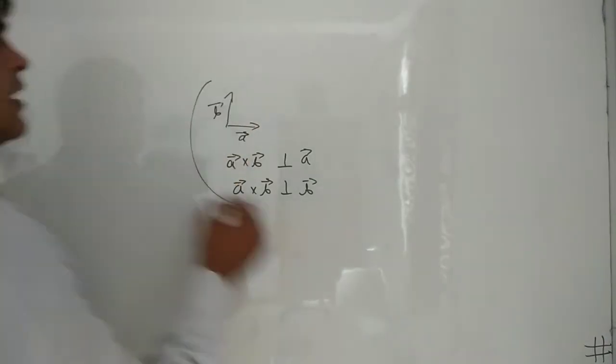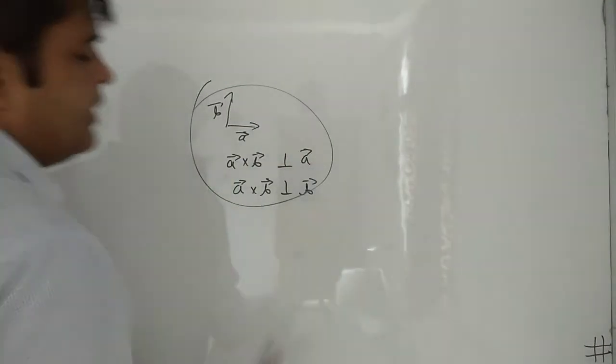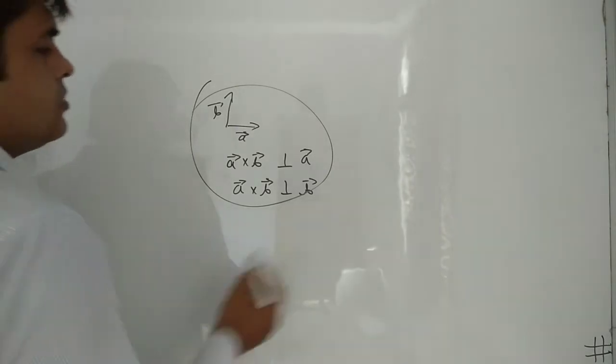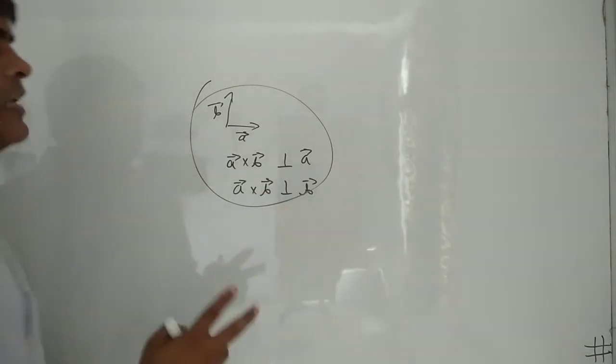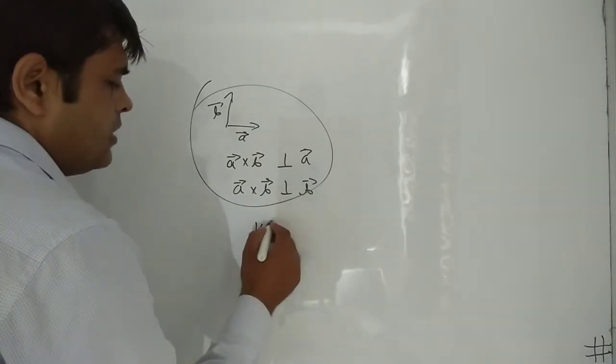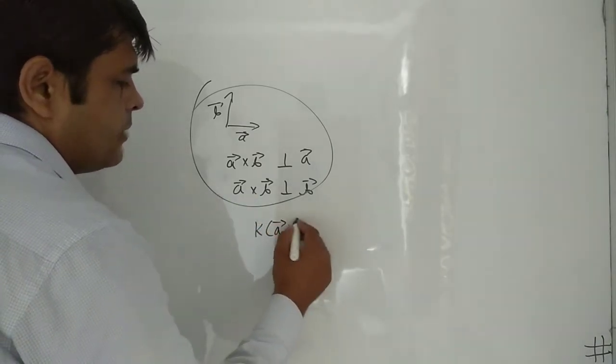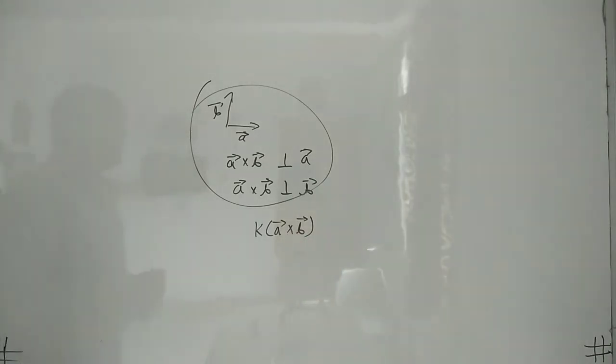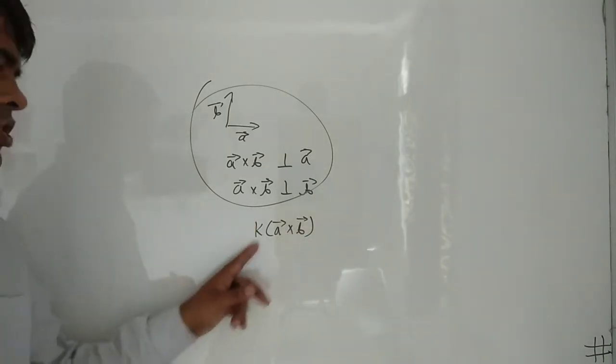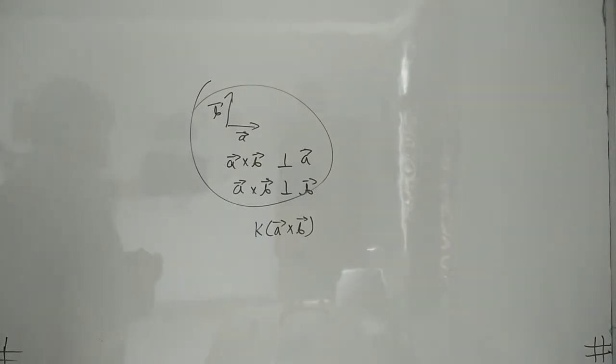So using this fact, to find any vector perpendicular to vector A and vector B, you will evaluate K times A cross B. Obviously, there is another condition given to you by which you can find out K. But this is very important to know and to remember. To find any vector perpendicular to two given vectors, you can evaluate K times A cross B or B cross A.